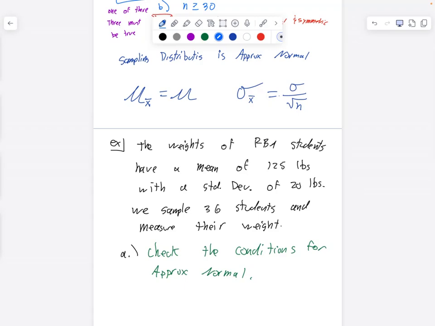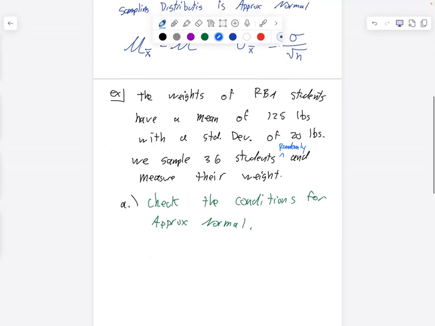What's our first condition? Let's do S first. Sample is random. And if it wasn't, we would just say is assumed random. So check.